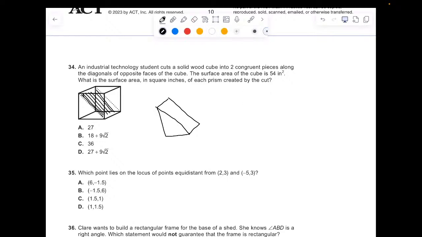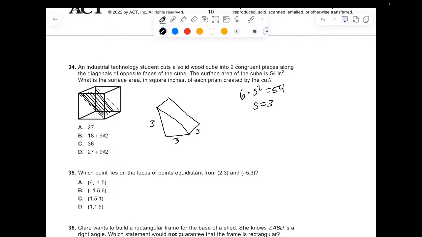The surface area is going to be, let's see how many sides there are: 1, 2, 3, 4, 5, 6 times s squared equals 54. Okay, so 54 divided by 6 is equal to 9. The square root of 9 is 3, so s is equal to 3. 3, 3, 3.